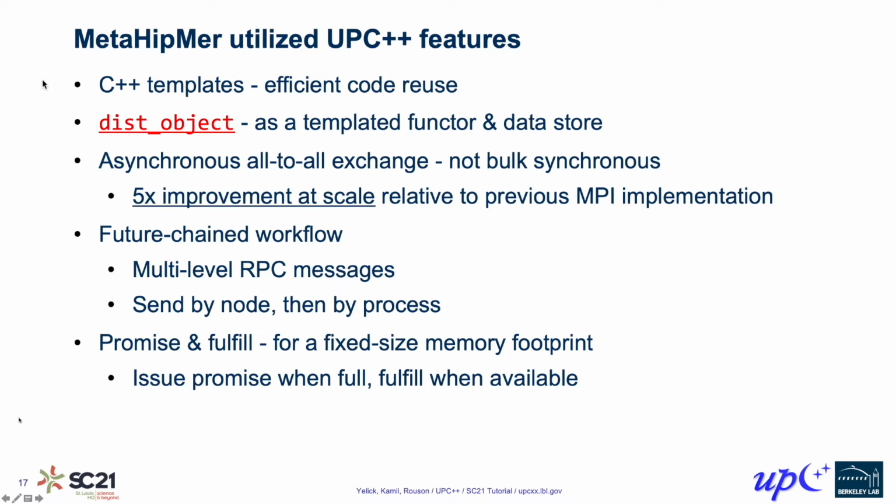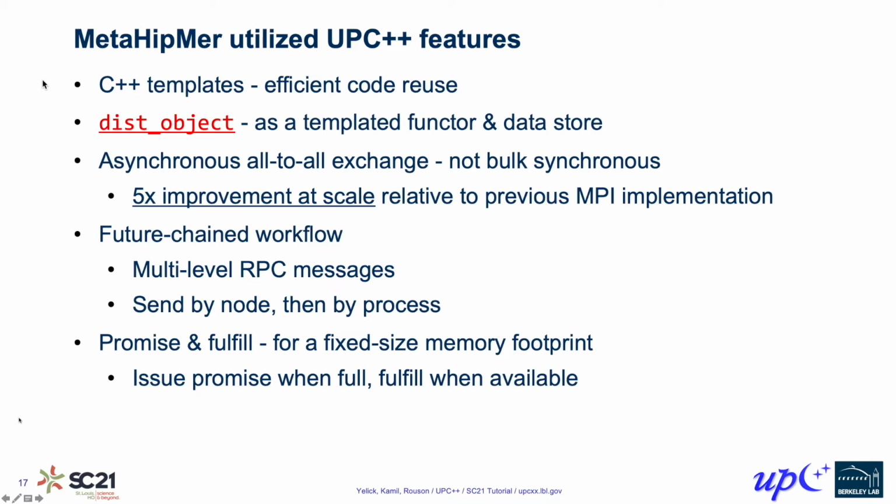So just to summarize some of the features that are used in UPC++ in the MetaHipMer implementation, it uses certainly C++ templates just to make the code efficient. There's a lot of code reuse of things like hash tables and then distributed hash tables, which are built on distributed object types in UPC++.